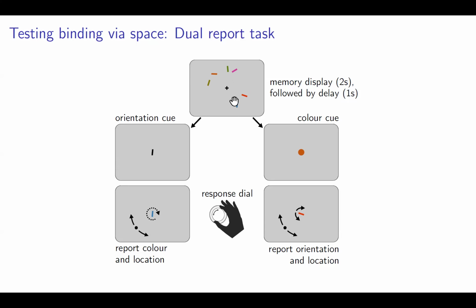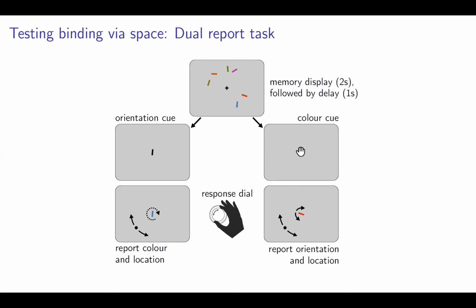After a brief delay, once the display was taken away, they were cued with the orientation of one of the bars, and they had to report, by adjusting on a continuous scale, both the color and the location of the item. So first adjusting to set the right color. For example, in this case, this orientation matches this bar here. So they have to set the blue color, and then they have to adjust the dot appearing to the location of that item.